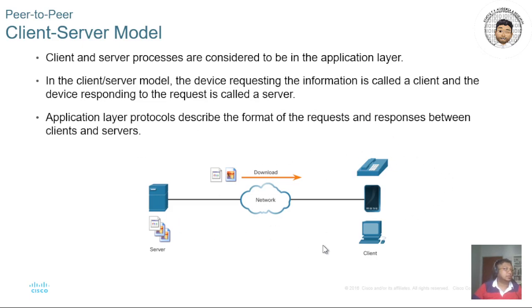In the client-server model, the device requesting the information is called a client, and the device responding to the request is called a server. Application layer protocols describe the format for the request and response between client and server. Here in this case, you have a server and a client. You are going to download from the server, so this is involved in the application layer.